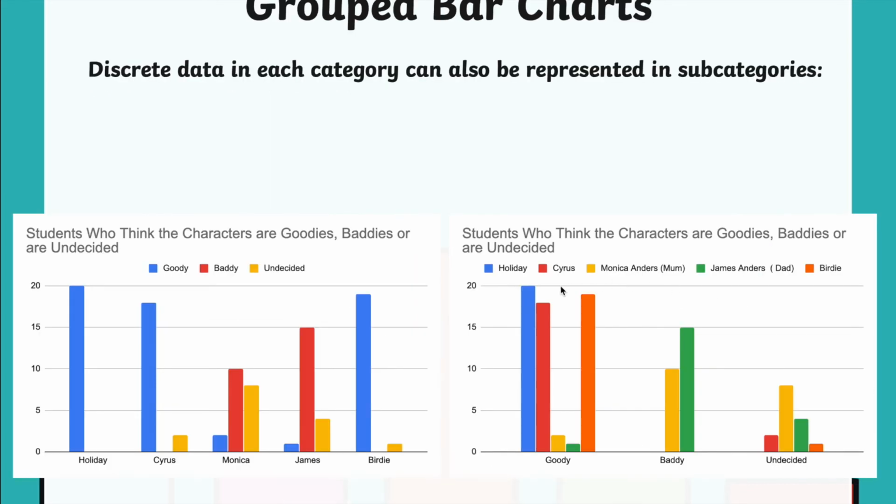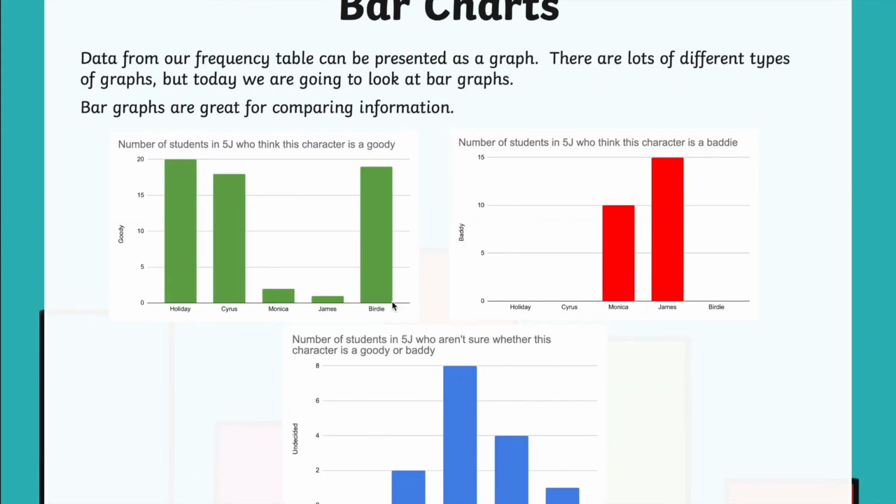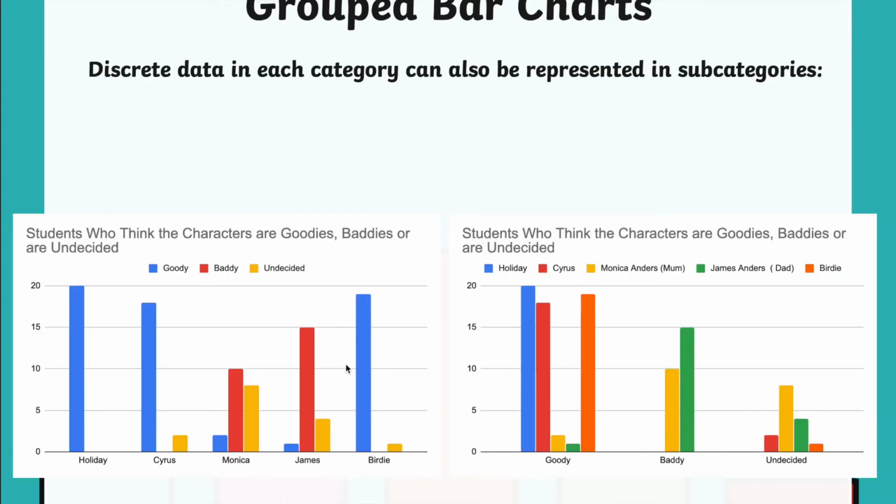Here, I've done all of that in one graph. So I've said, here's Holiday, everyone thinks she's a goodie. Here's Monica, 2 people think she's a goodie, 10 people think she's a baddie, and 7 people are undecided. So I've taken all of this data in these 3 graphs and I've put them into one graph.